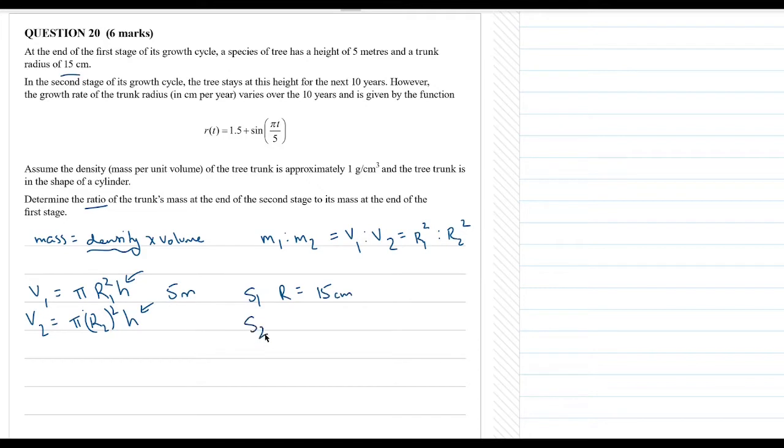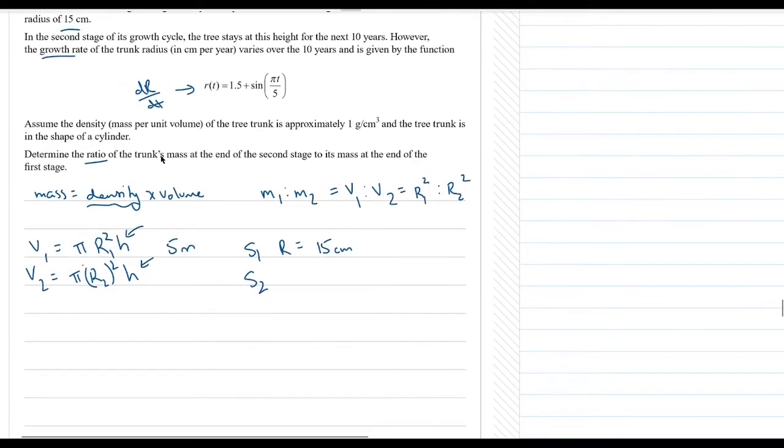And in stage 2, we know the growth rate of the radius. So this is essentially dr/dt. So to get what r is, we'll have to integrate that first. So let's integrate. To get r(t), let's integrate 1.5 + sin(πt/5).